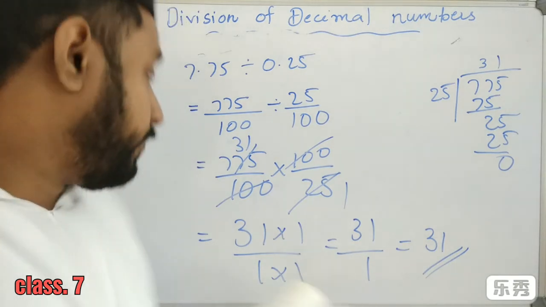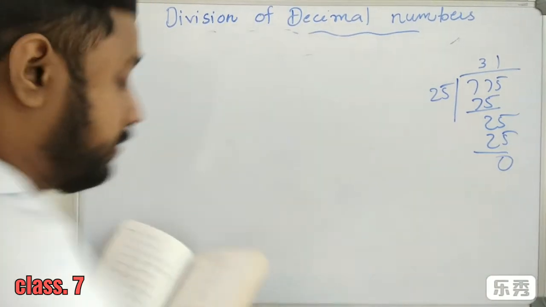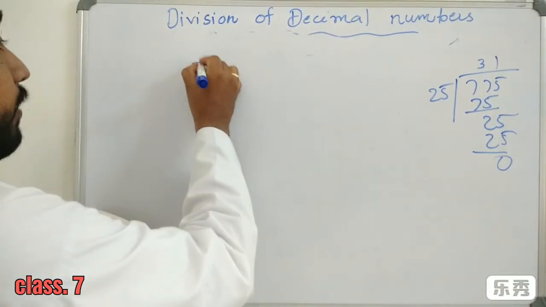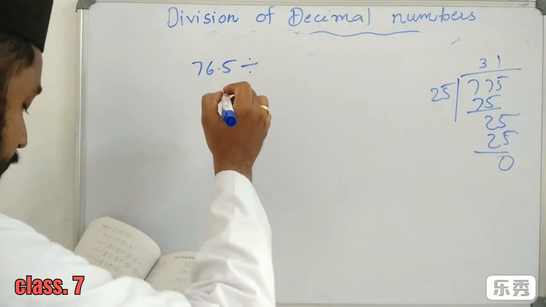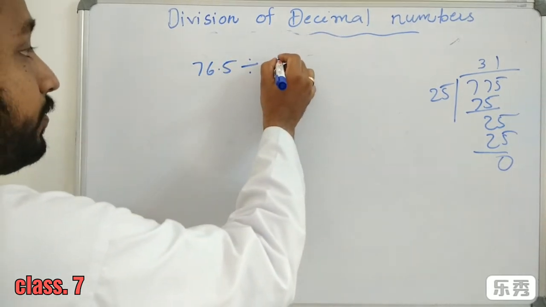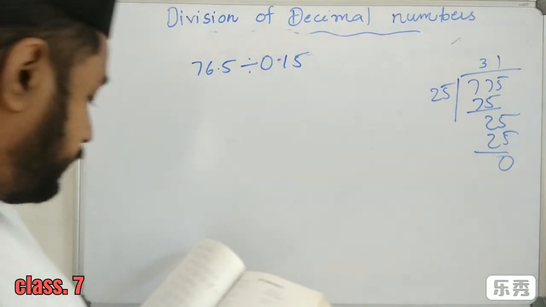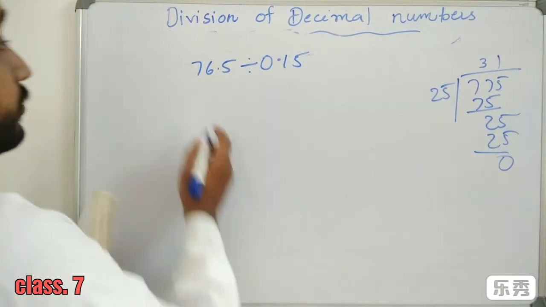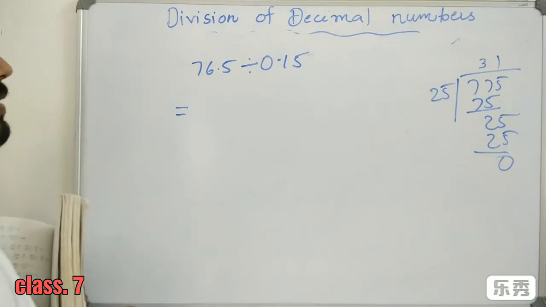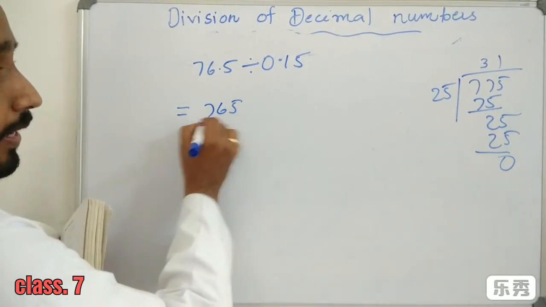Next question, 76.5 divided by 0.15. So 76.5 divided by 0.15 is equal to, 76.5 means 765 by 10.